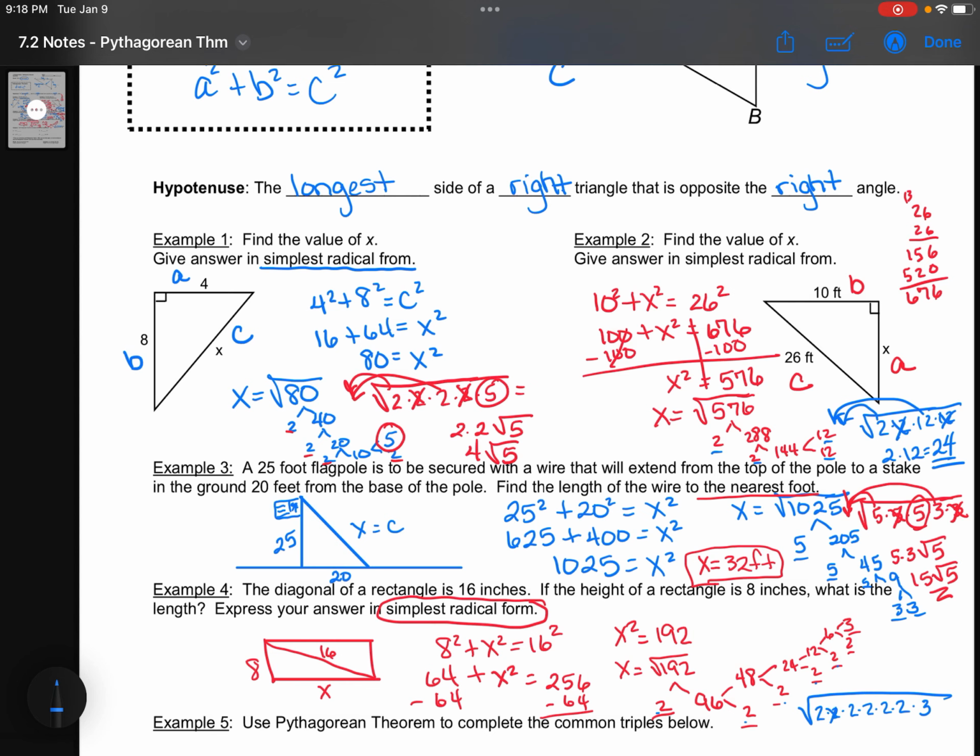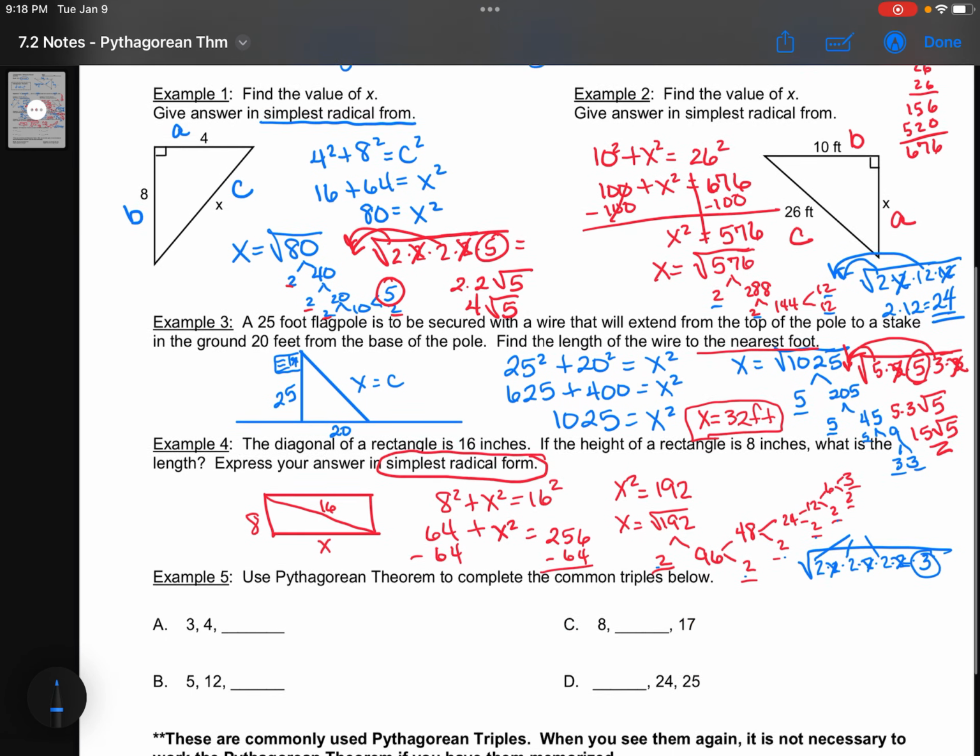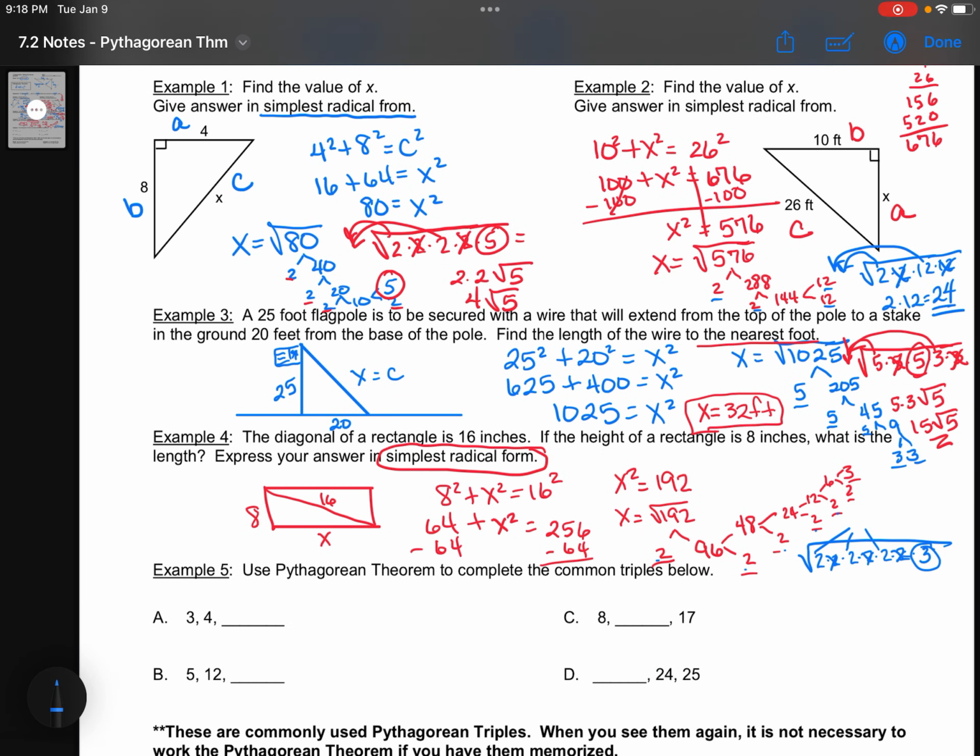I cross out a pair of 3s, and this is left over. So that means I have 2 times 2 times 2 is 8. That's the answer.